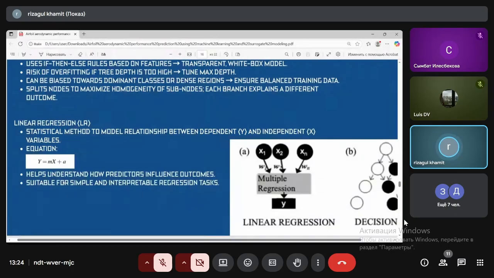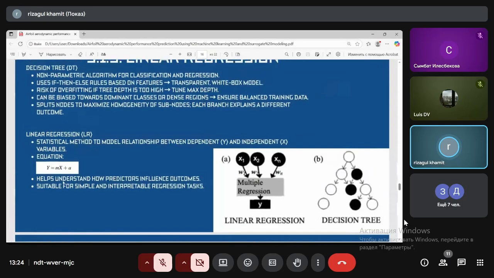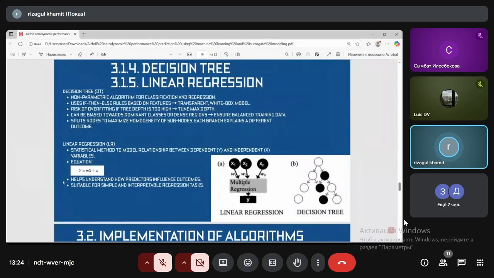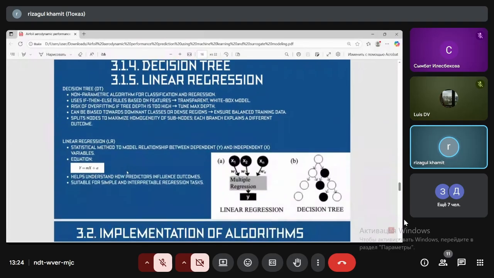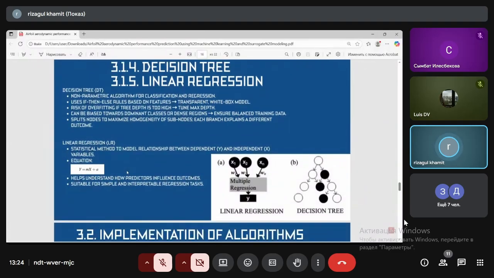M is a slope and A is an intercept. On the presentation there is no information about M and A, but it is in the article. Linear regression helps understand how predictors influence outcomes, and it's suitable for simple and interpretable regression tasks.